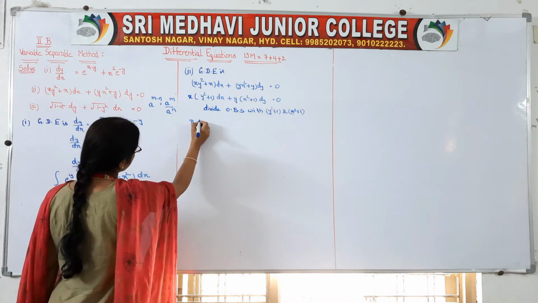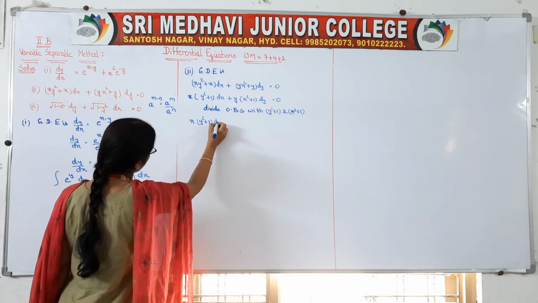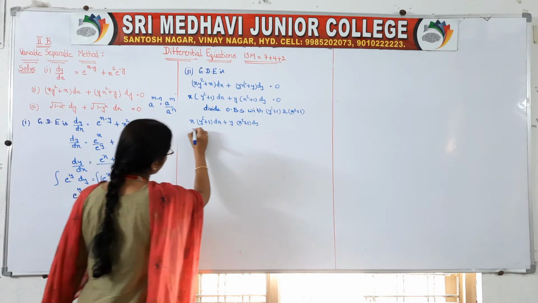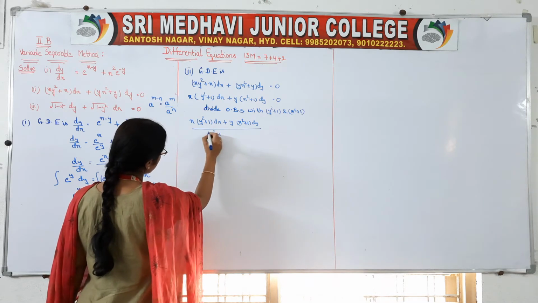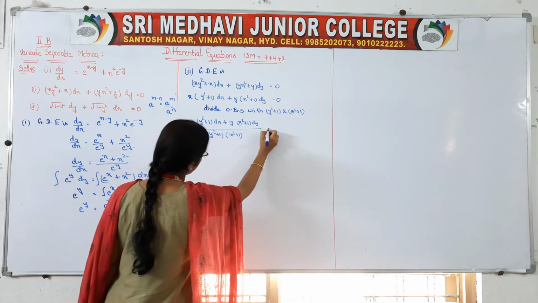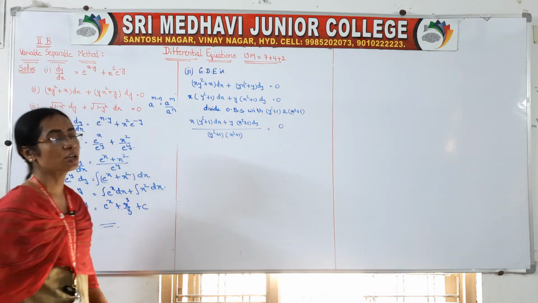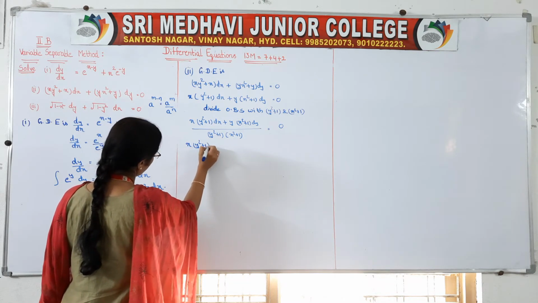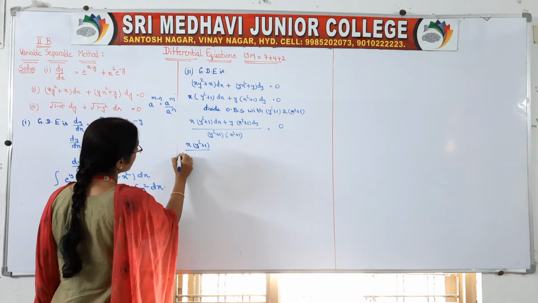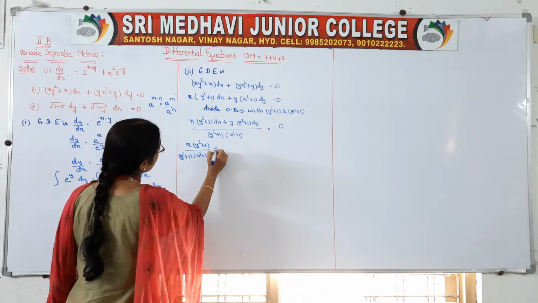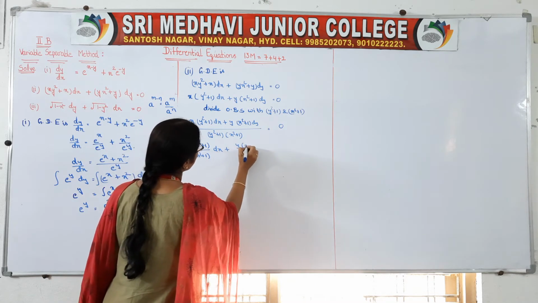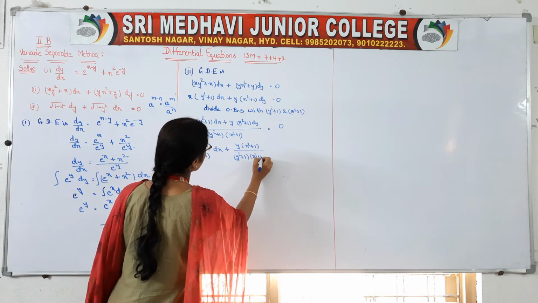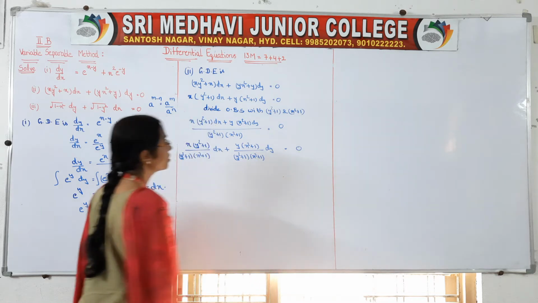Then what happens? x(y² + 1) dx plus y(x² + 1) dy divided by (y² + 1)(x² + 1) is equal to 0, since 0 divided by anything is 0, no need to write. Now write separately: x(y² + 1) by (y² + 1)(x² + 1) into dx plus y(x² + 1) by (y² + 1)(x² + 1) into dy is equal to 0.